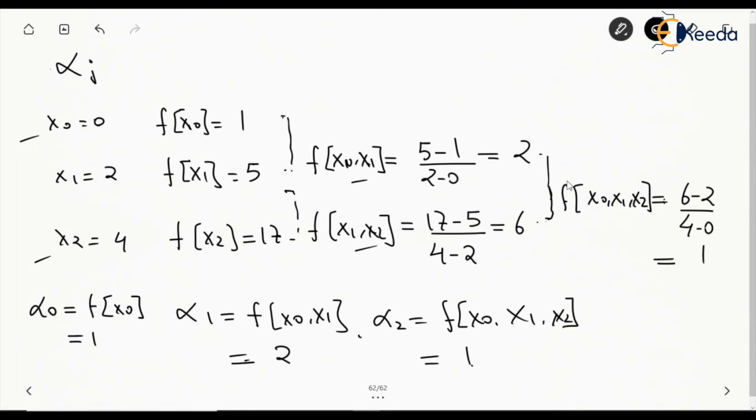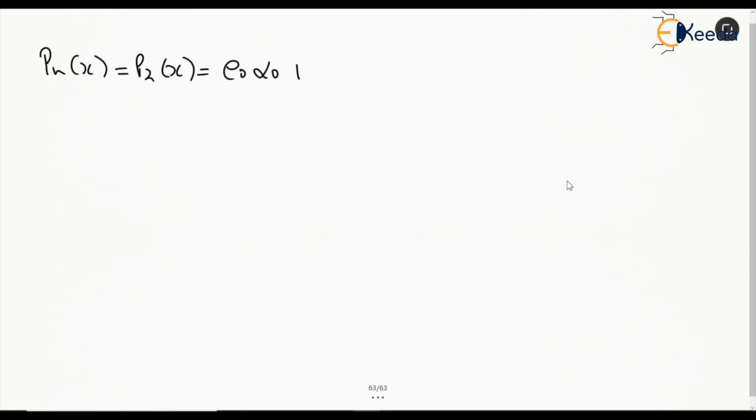So all we have to do is put these values in the function. The polynomial function we are going to get for Newton is given as Pn of x, in this case P2 of x, second order, equal to e naught alpha naught plus e1 alpha 1 plus e2 alpha 2.